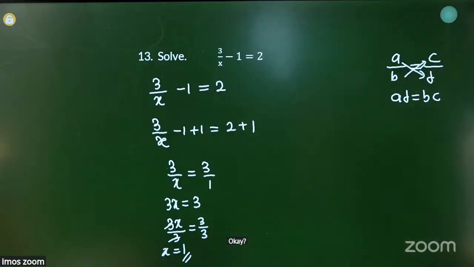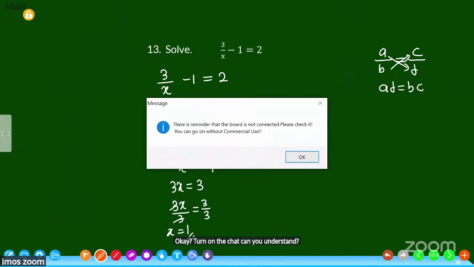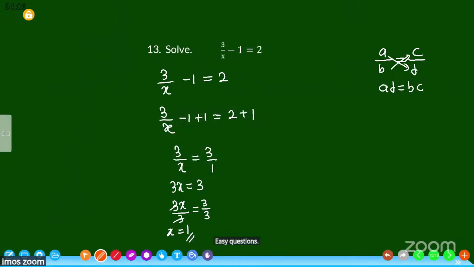Turn on the chat. Can you understand? Easy questions. Do you have any problems?